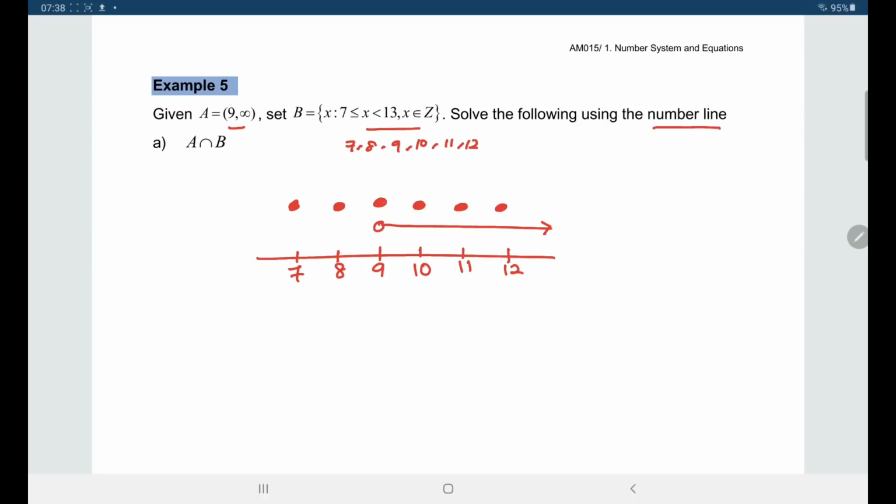From the diagram, any intersection between A and B? Okay, yes. So the solution set is the set of numbers 10, 11 and 12.